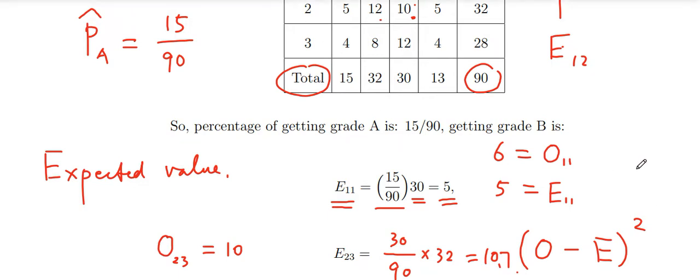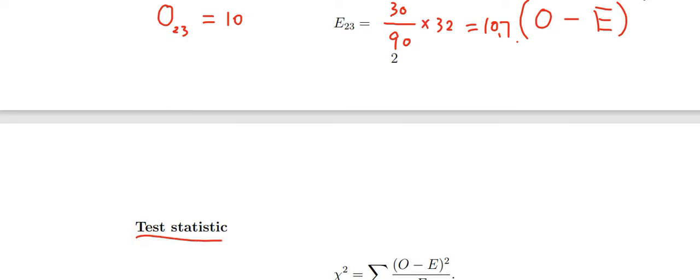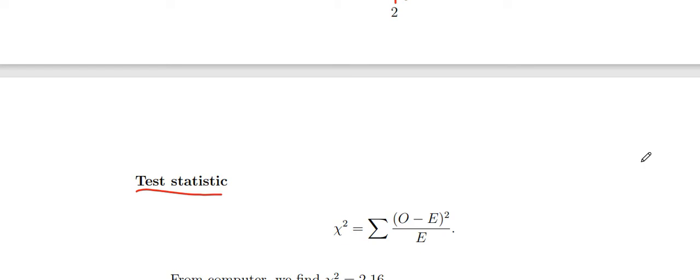Okay, so then how can we judge whether the expected values and observed values are quite close? The test statistic is this: a summation over each cell of the observed value minus the expected value, squared, but here we need to divide by the expected value.